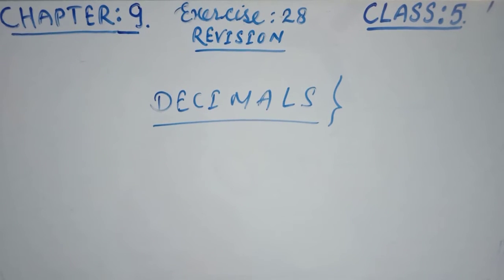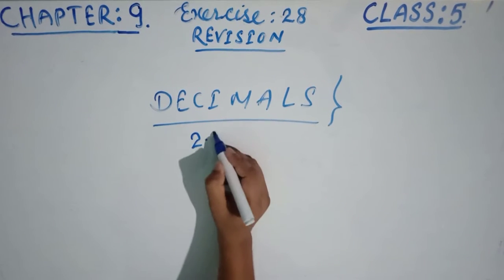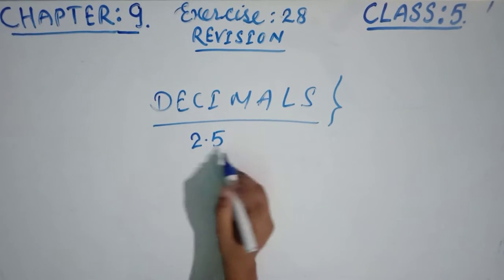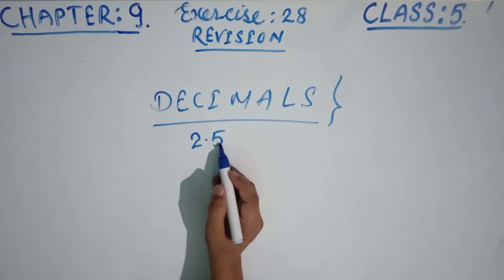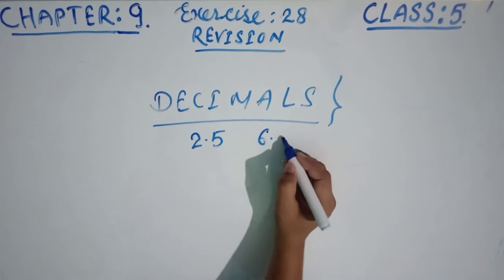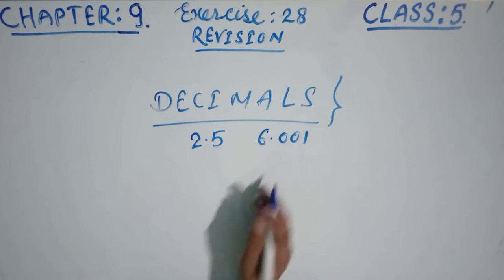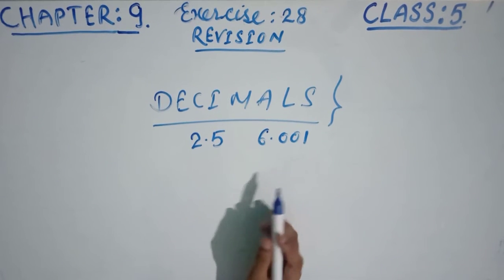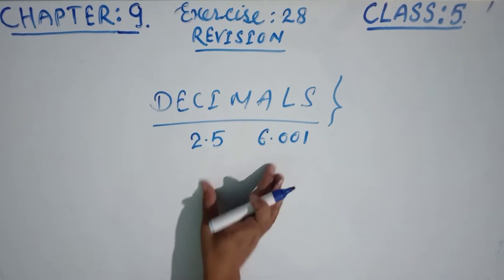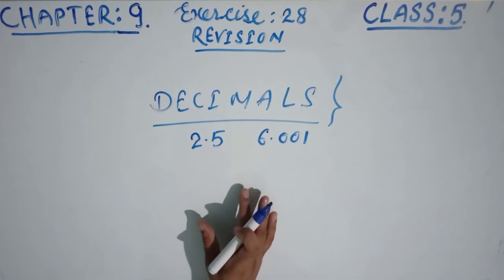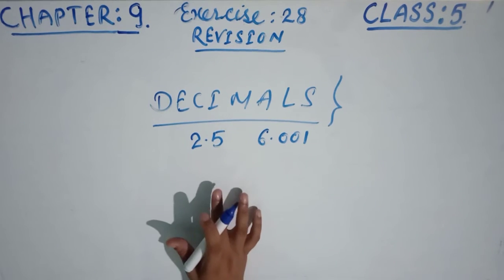Numbers which can be expressed in decimal form, like 2.5, read as 2 decimal 5, or 6.001, 6 decimal 001. These are also known as decimal fractions or only decimals.